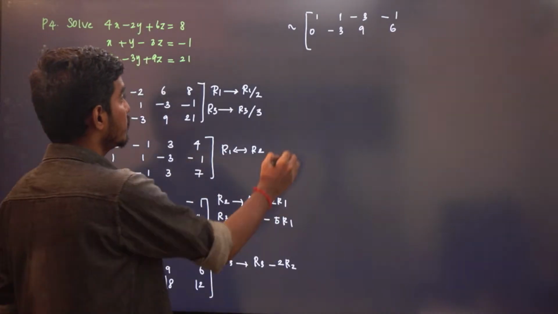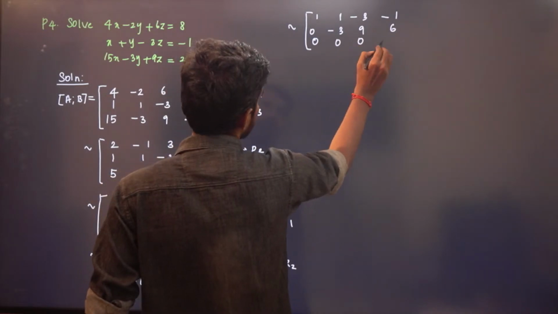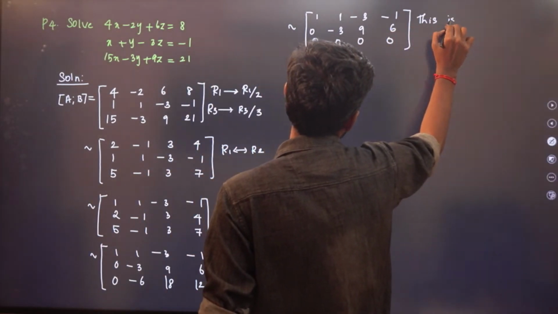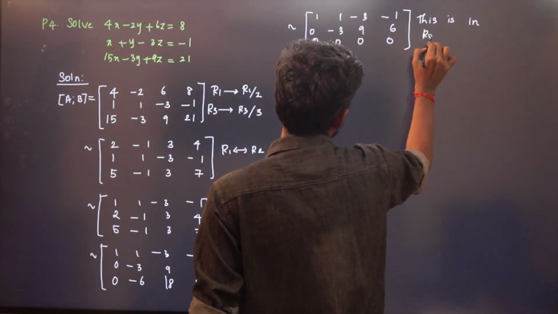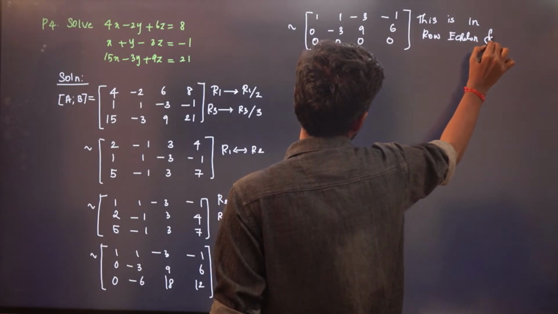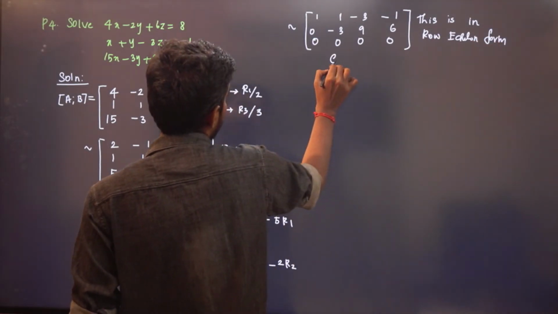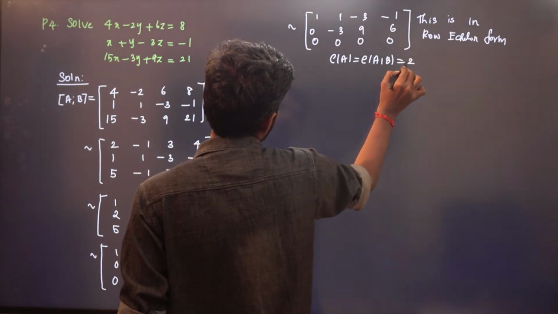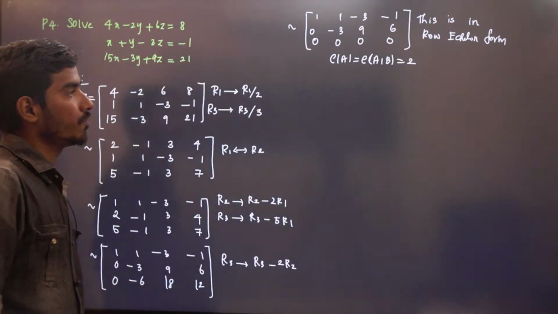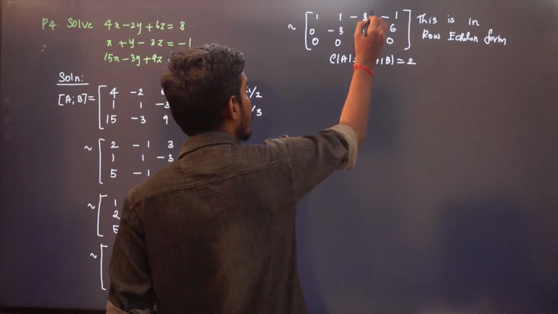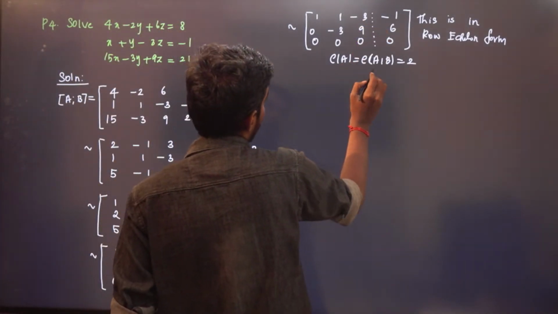So everything will be 0. This is in row echelon form. The rank of A and the rank of A comma B both are equal to 2, right? Yes or no?